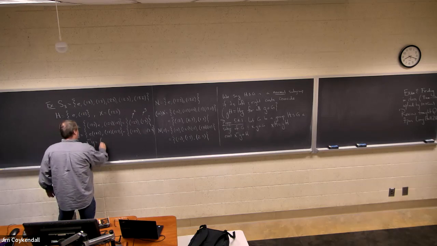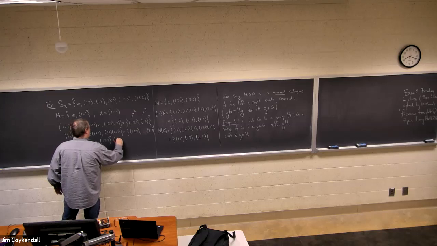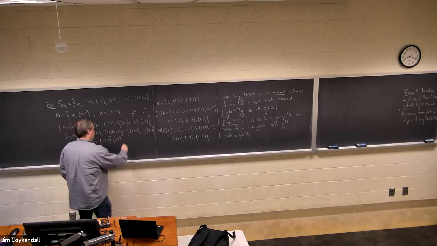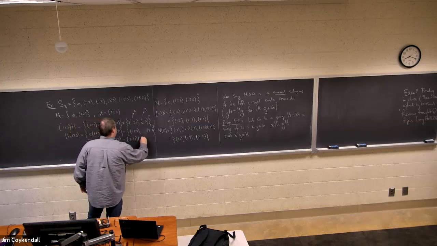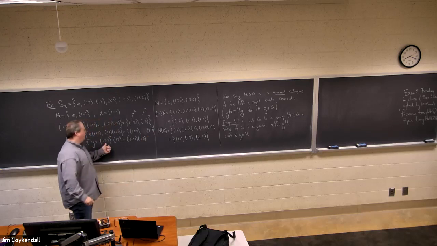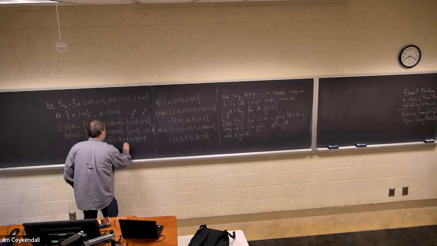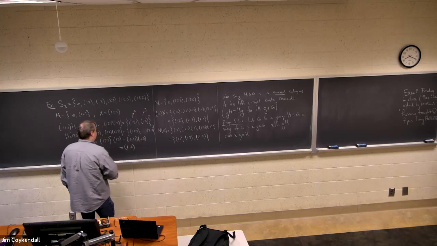X inverse times Y, which is (1 3). Now, what is (1 2 3) inverse? Remember how we do the inverse of a cycle. You just run it in reverse. Let's see what this turns out to be. 1 goes to 3, which goes to 2. 2 goes to 1, and 3 goes to itself.